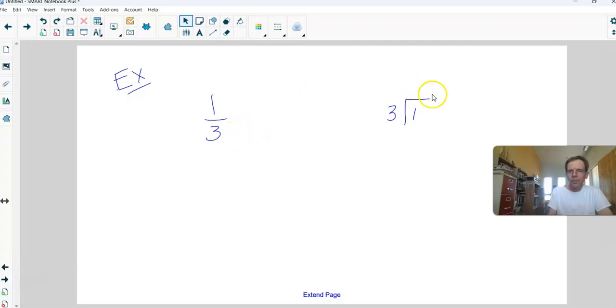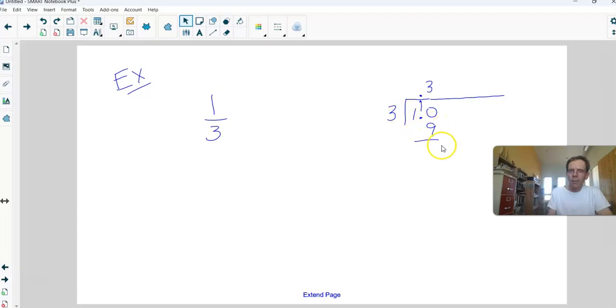1/3. Something interesting happens with 1/3. So we divide 3 into 1, can't do it. We have to add a 0 here. So a decimal point and a 0. Maybe I'll put the decimal point right away where it goes, right there. So now we ask, 3 goes into 10 3 times, then we multiply and we get 9.